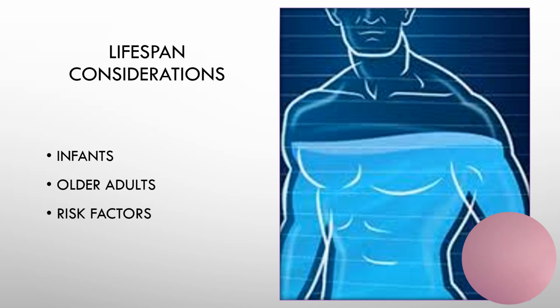With the older adult, they're only about 50% water. They do have a decreased thirst sensation, and they have reduced body water related to lower muscle mass and a greater percentage of fatty tissue. They also have decreased renal reserves due to a decreased number of nephrons.